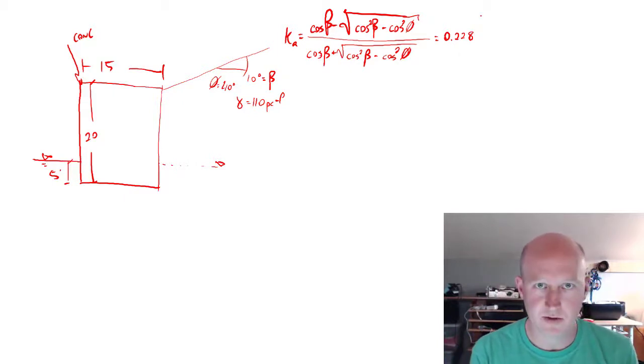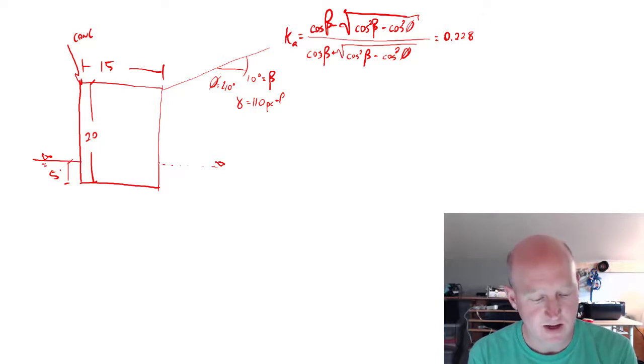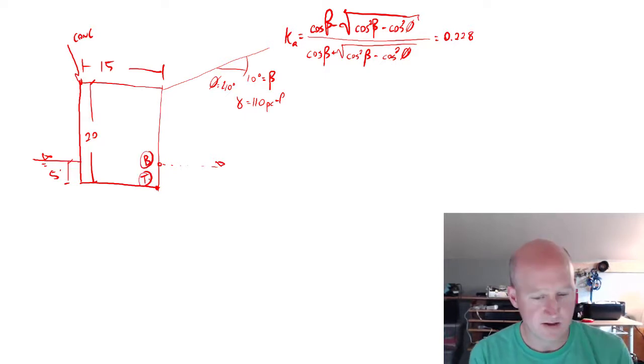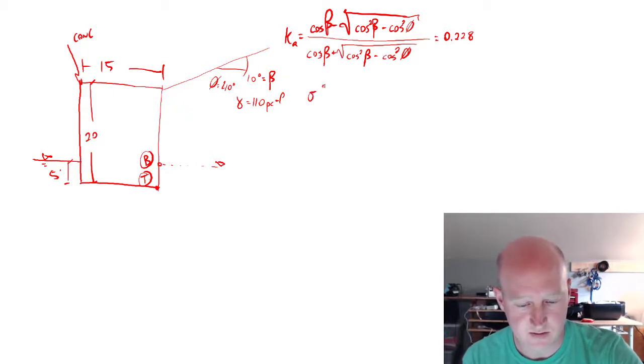And so to be able to do the calculations, because there's a change in slope in the pressure distribution at the location of the water table, let's call out this as point B, and this will be point T. So we need to calculate the stress at B, the vertical stress.